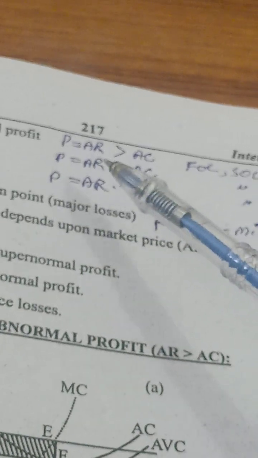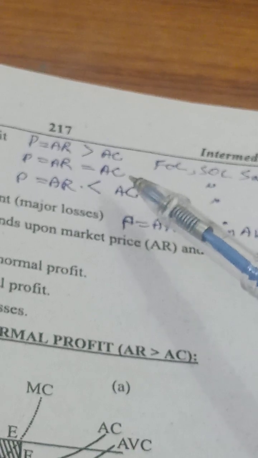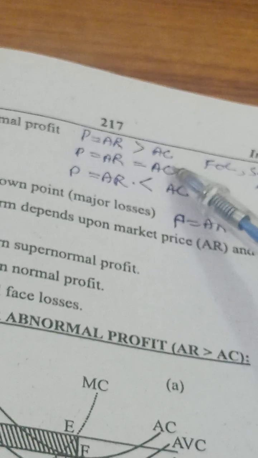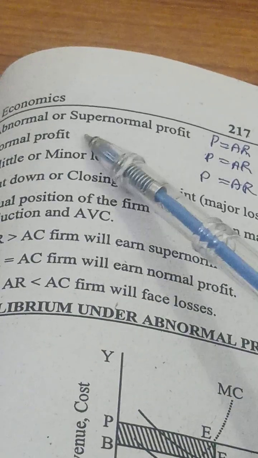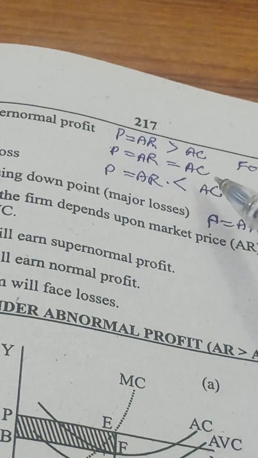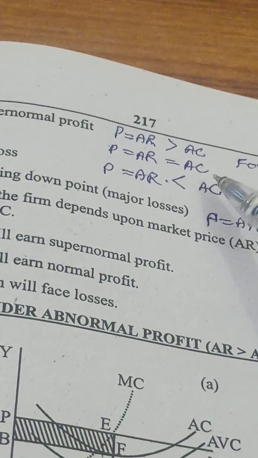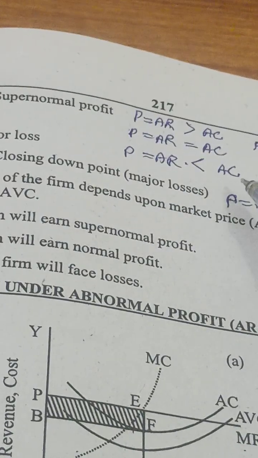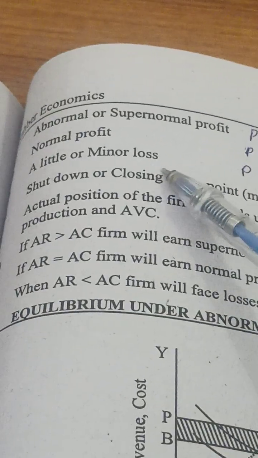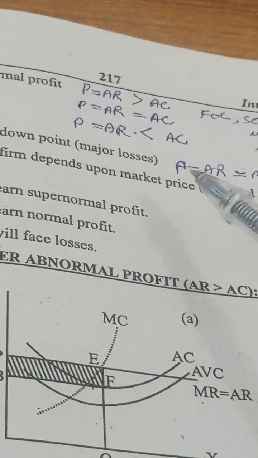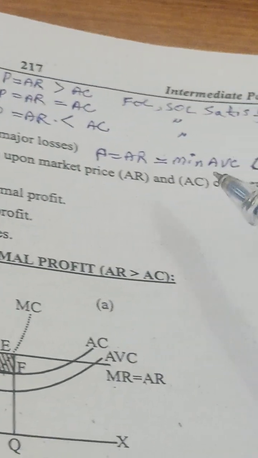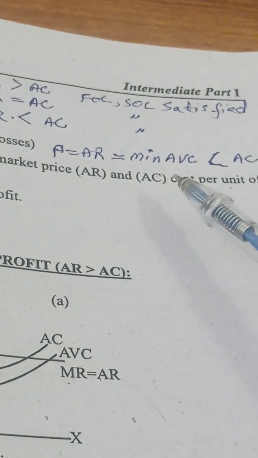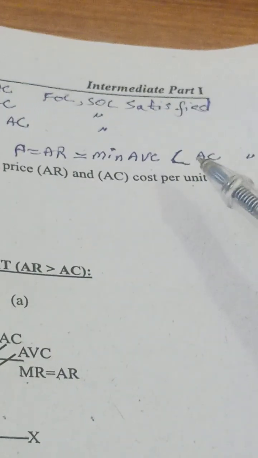For example, at more than normal profit, price is more than average cost. At normal profit, price is equal to average cost, and at loss, price is less than average cost. At the shutdown point, price is equal to minimum average variable cost, and price is less than average cost as well.